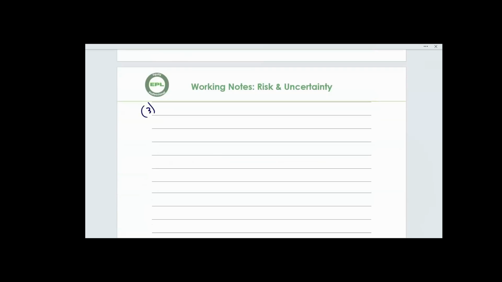Working number 3. Simulating for revenue.